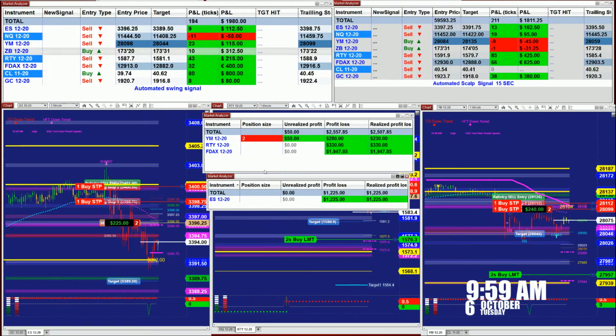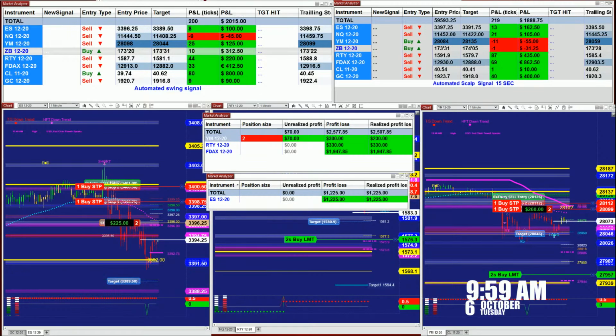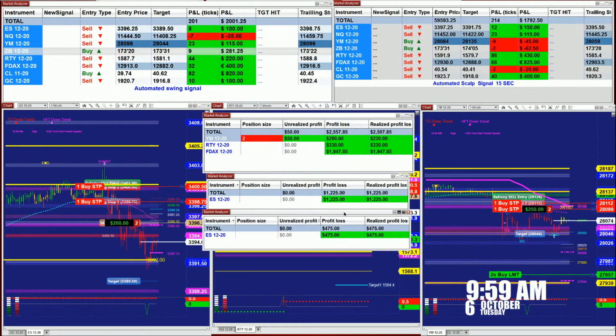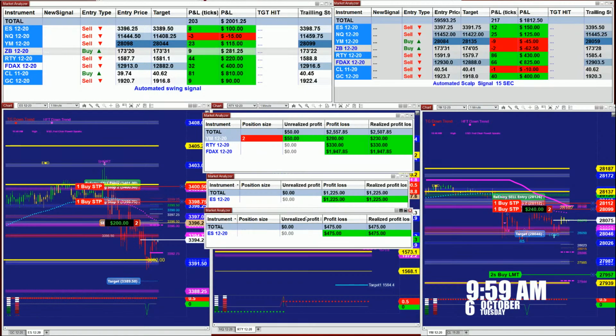So we are testing 2 different time frames. On the ES, we are testing the range and the 1 minute.